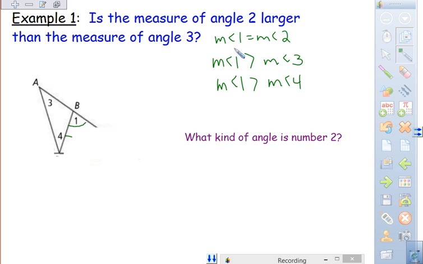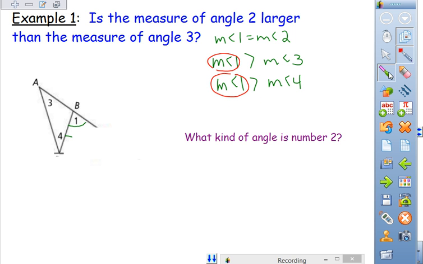And we already know that 1 and 2 are the exact same because we have that isosceles triangle. So then we can substitute 2 in here and 2 in here. And the one we're focused on is, is 2 larger than 3? So we're going to work on this piece right here.